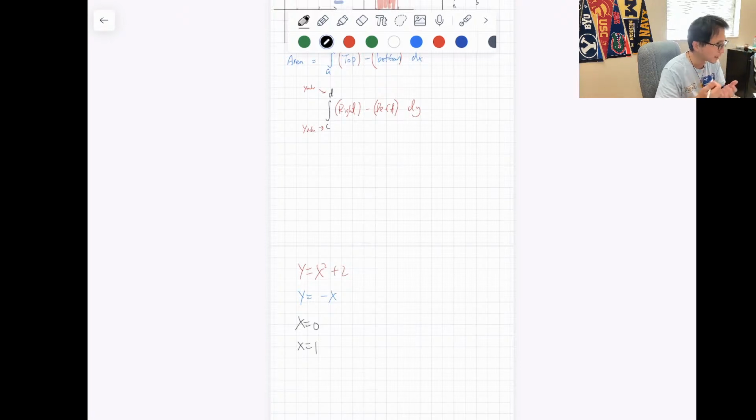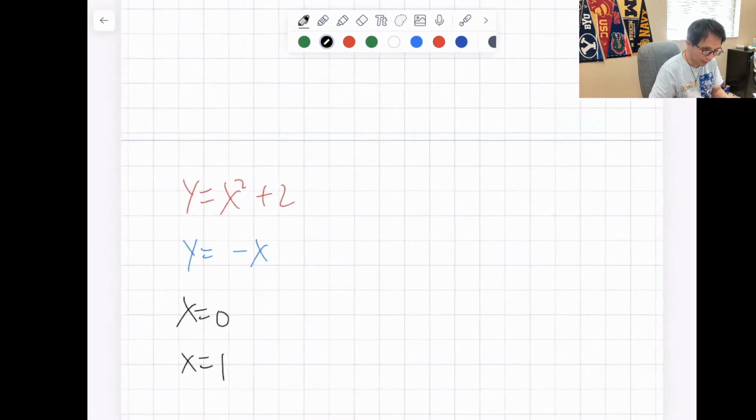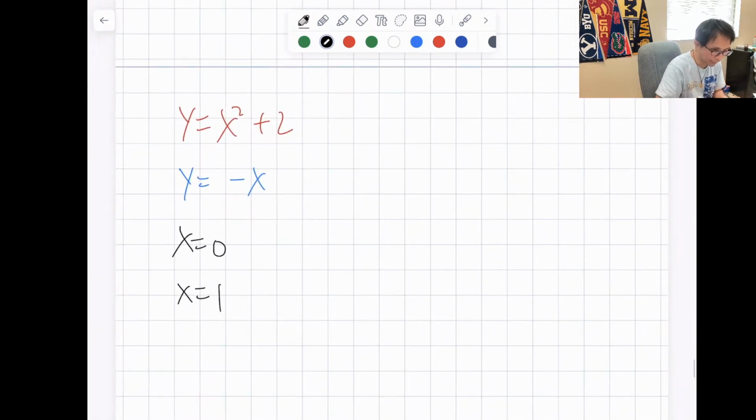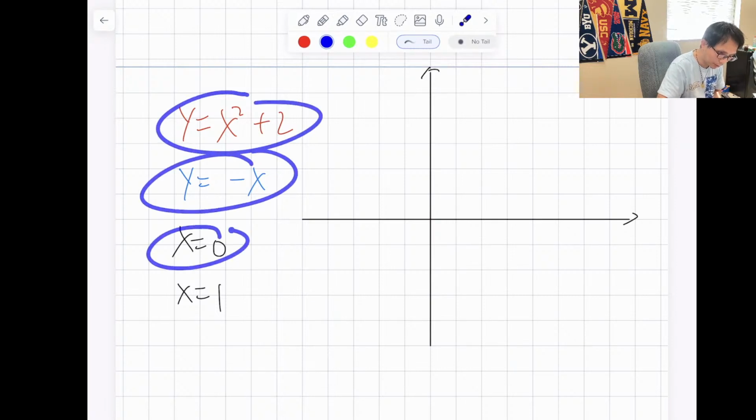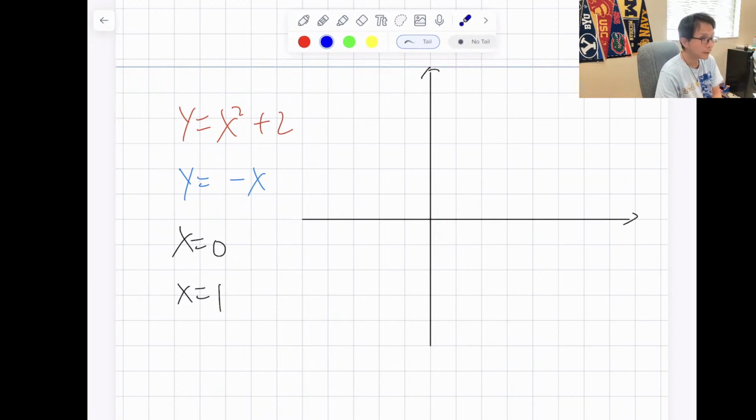I want you to find the area of the region bounded by these 4 different graphs. But the first objective is to graph all these 4 different graphs. So I want you to try it yourself before I do it. We need 4 graphs: 1, 2, 3, 4.